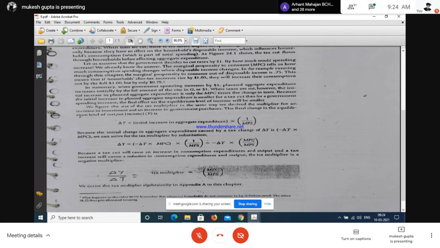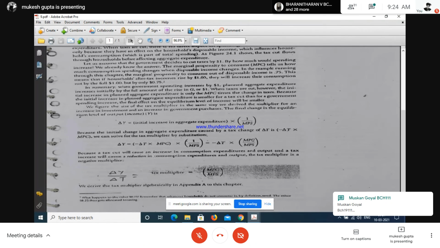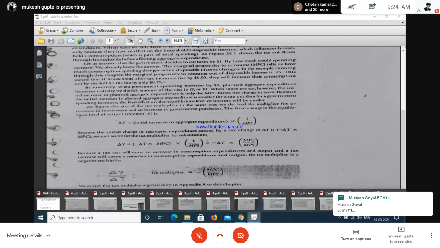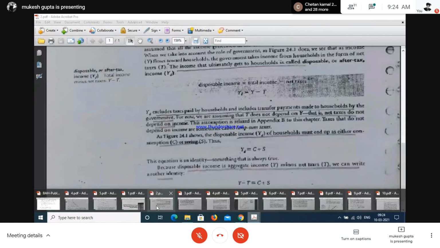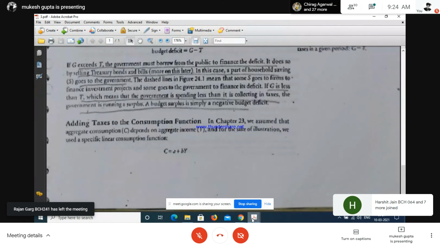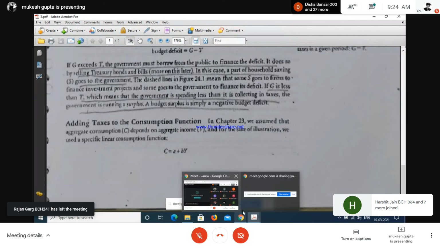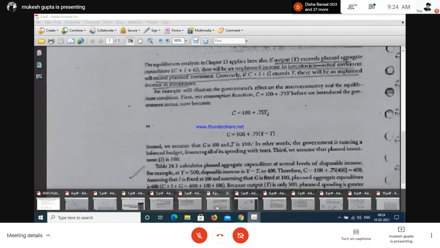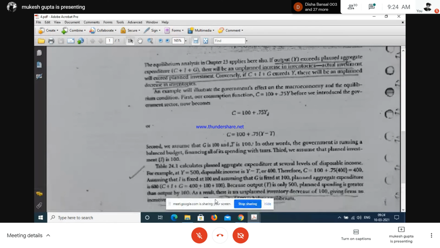Because you know that the change in tax is going to affect the aggregate expenditure only through the consumption expenditure. If you see this equation, C is equal to 100 plus 0.75 (Y minus T).